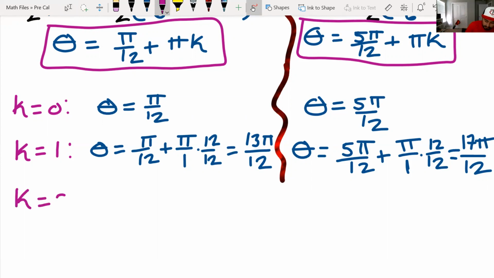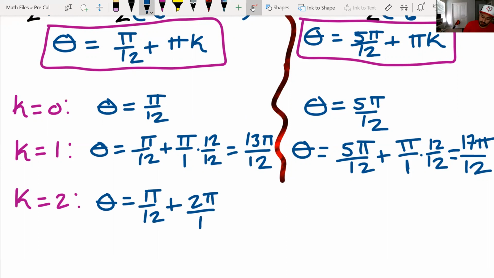K equals 2, and theta would equal pi over 12 plus 2 pi. Put that over 1, multiplied by 12. We would get pi over 12 plus 24 pi over 12. That would give me 25 pi over 12.